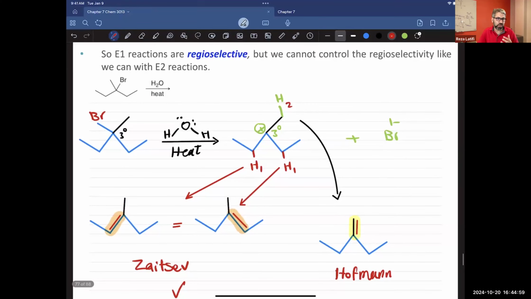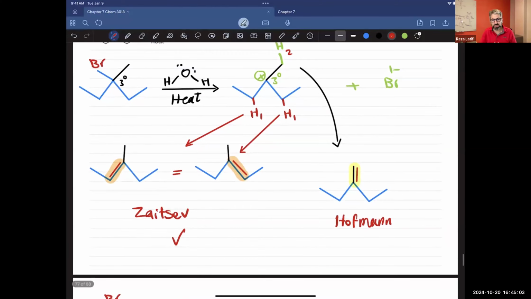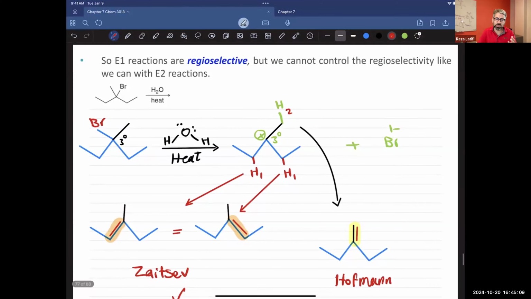Now, is there any way to tune the ratio between Zaitsev and Hoffman product? When it comes to E1, we don't have much control. Why don't we have much control? Because you need to ask yourself when this chemical reaction is going to happen. This chemical reaction is going to happen after a slow step. The first step will be slow, which means this is going to be the rate determining step.